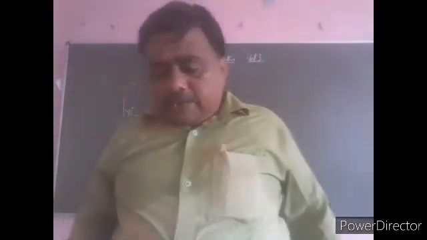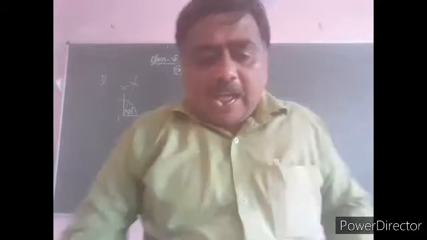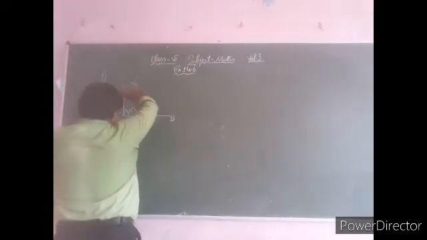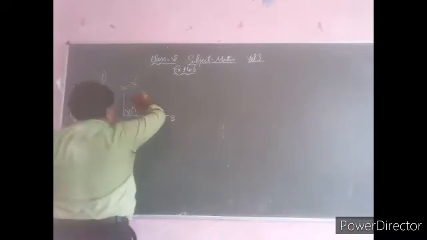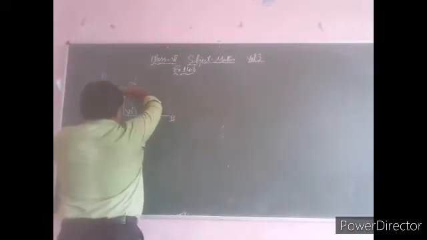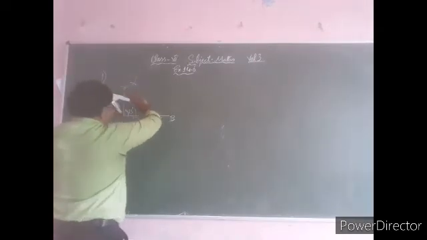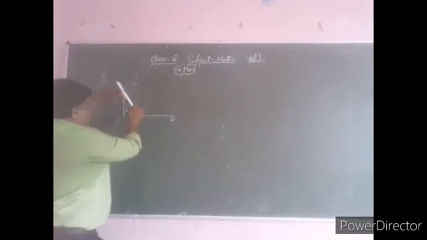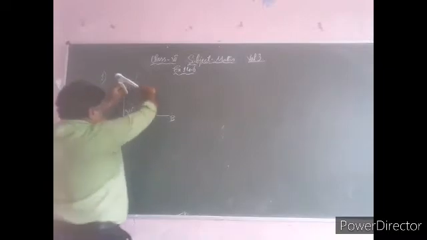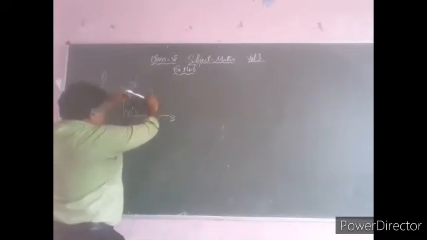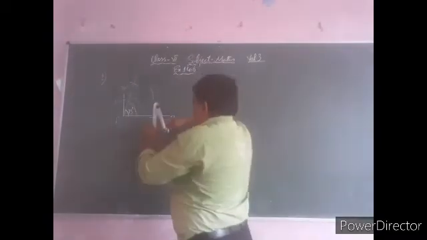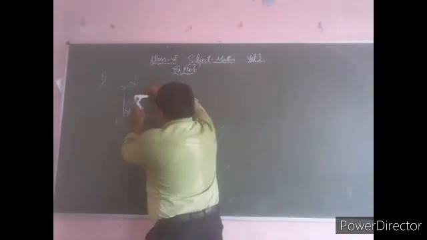Now here it is said, find its line of symmetry. Draw an arc of any radius in this way, and keep the pointer here. Draw an arc here of the same radius, or you can increase also, and here.